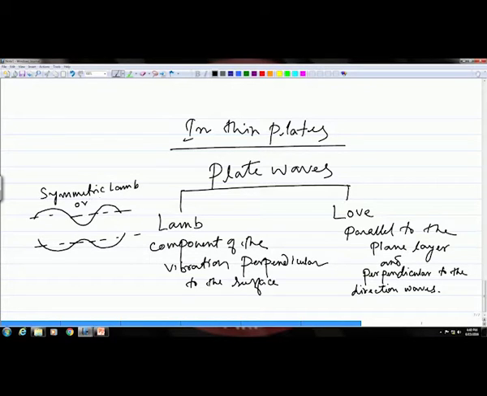Symmetric Lamb, or these are also known as extensional waves.